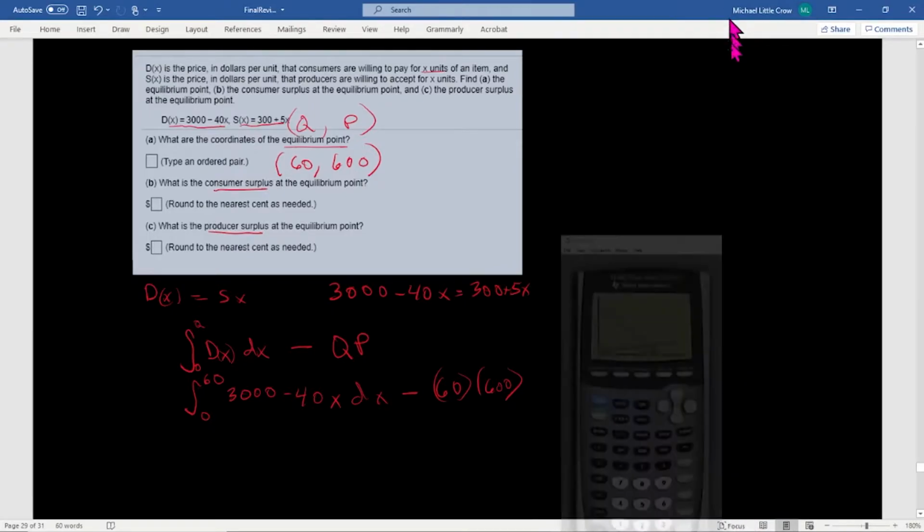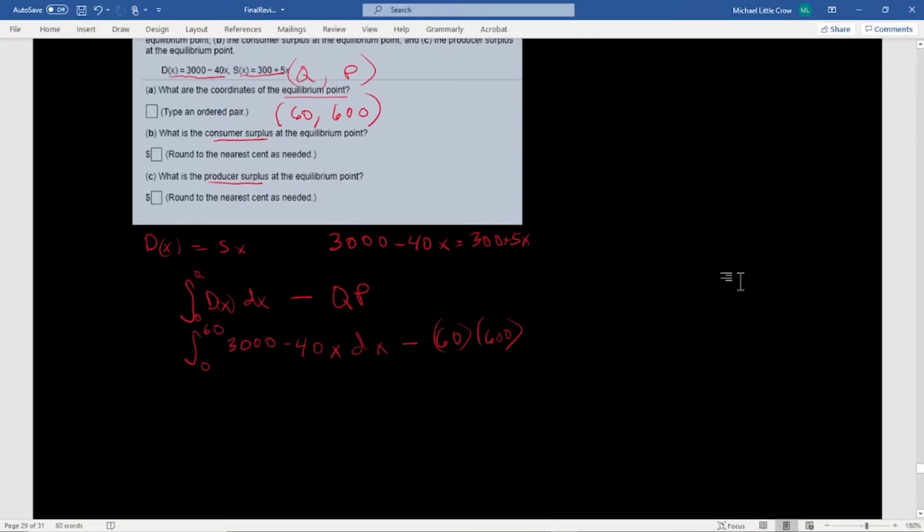Let's just get this guy out of the way. 3000 becomes 3000x because we integrated it, x to the 0, right? Add 1 to the exponent, divide by 1. The second term becomes x squared, right? x to the 1 plus 1, that's x squared.